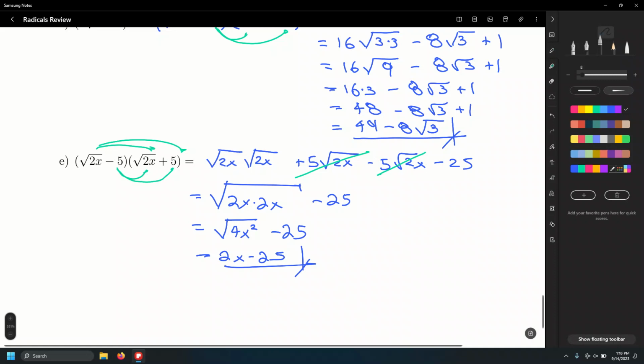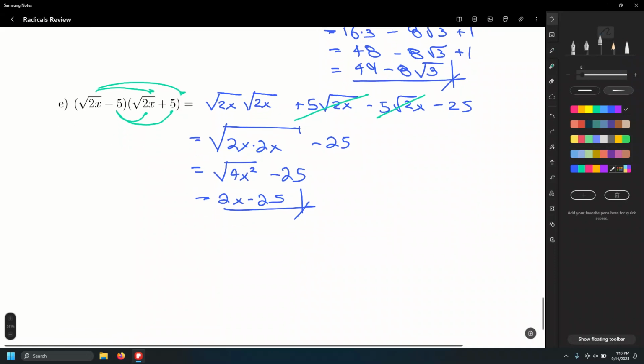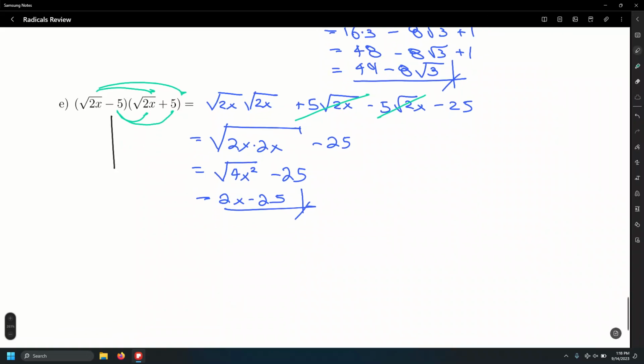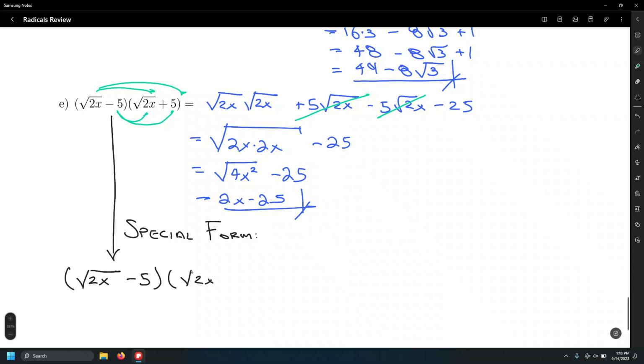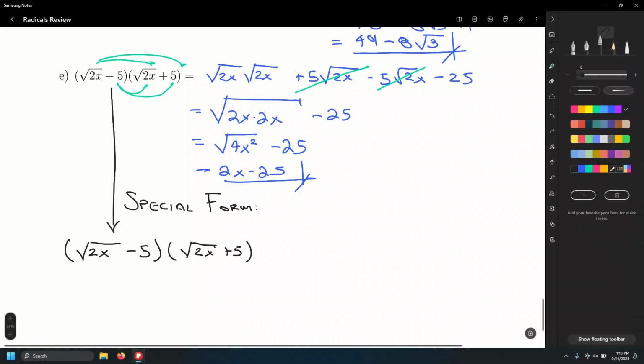However, there's another way to simplify this one, because check this out. This is a special form. Let me write it again: square root of 2x minus 5 times square root of 2x plus 5. Notice the form right here. I'm pretty sure you've seen this form before.